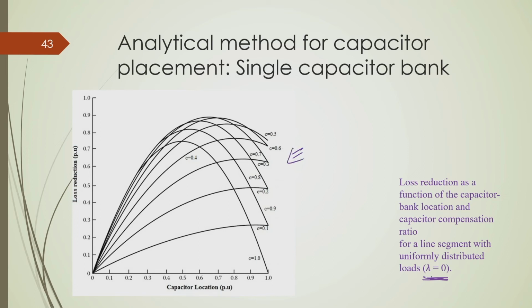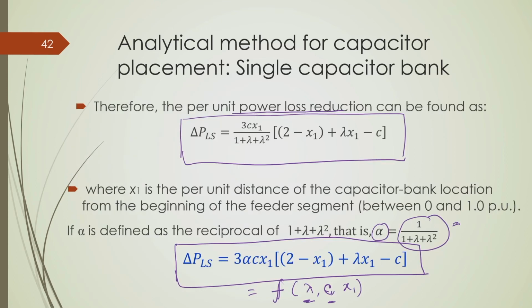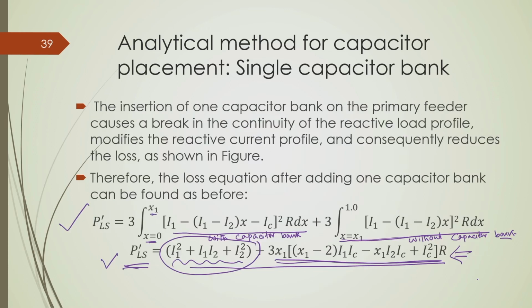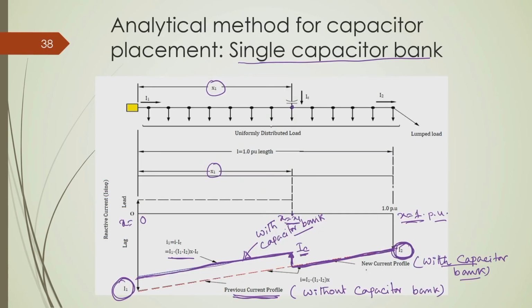Okay. Now, what does this lambda equal to 0 actually represent? Lambda equal to 0 corresponds to I2 equal to 0. That means the reactive component of the current, or out of phase component of the load current, at the end of this feeder segment is 0.